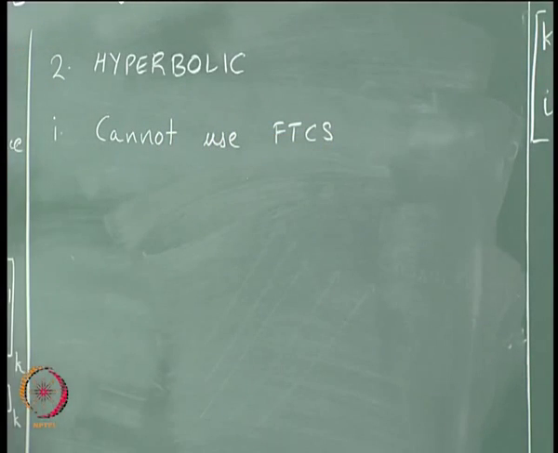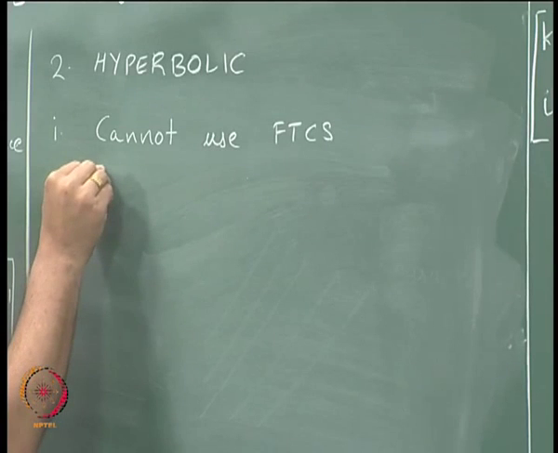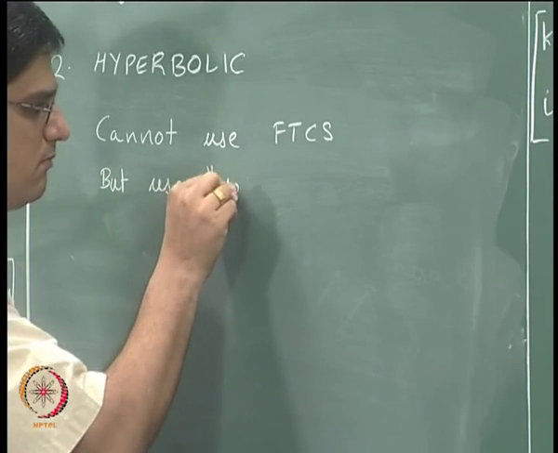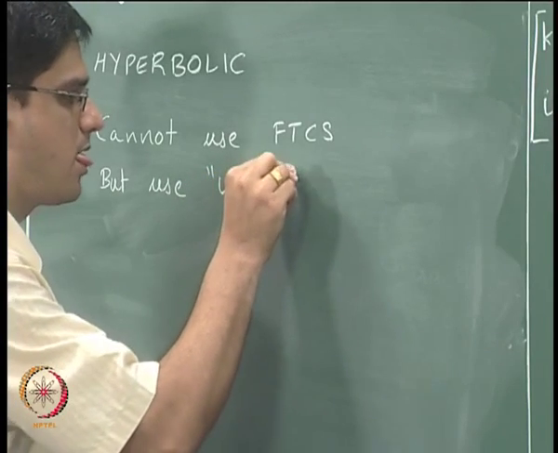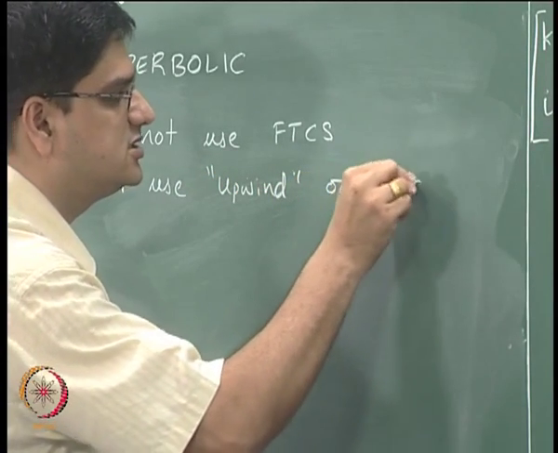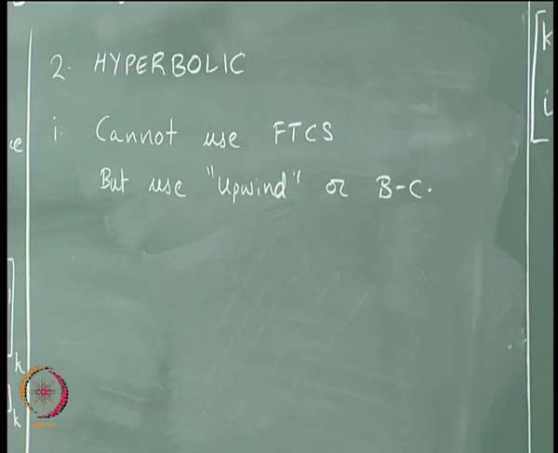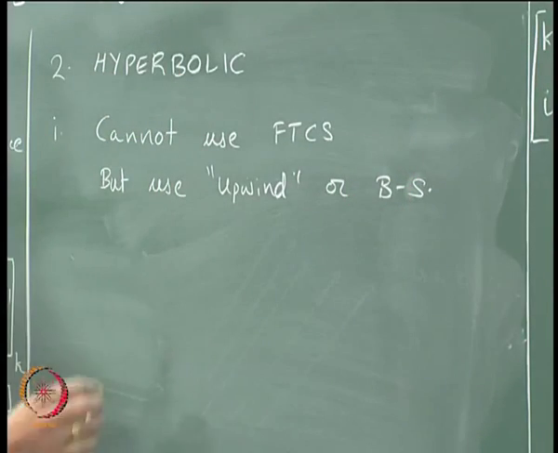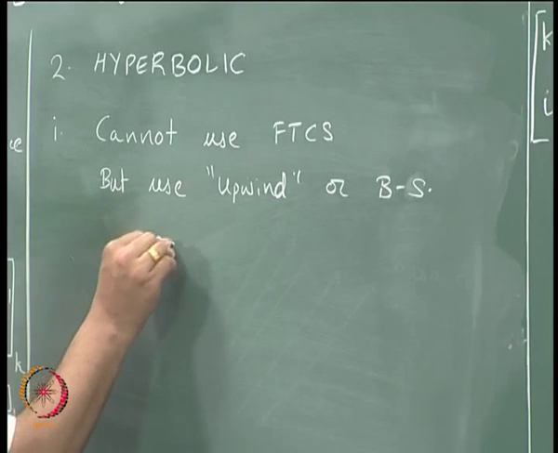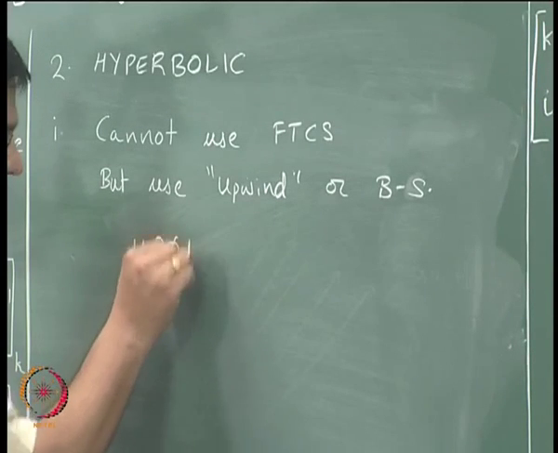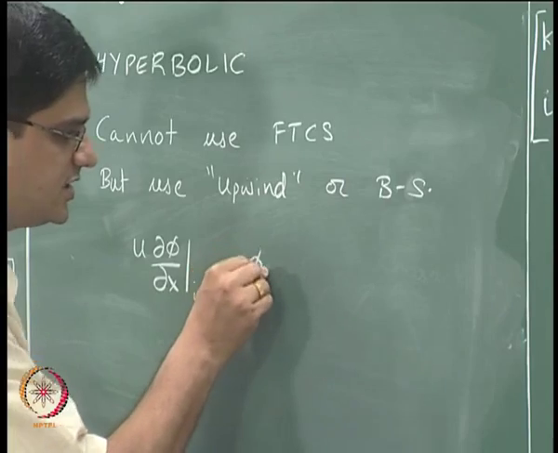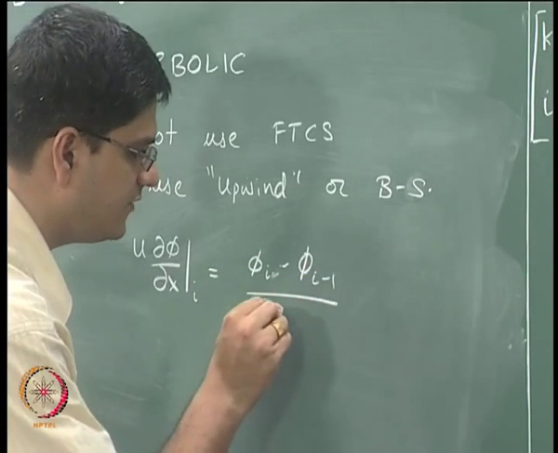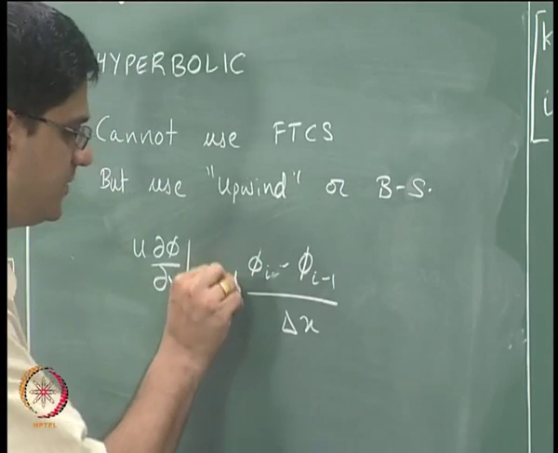Instead we use an upwind method, or backward in space method for positive velocities, and in that particular case u dou phi by dou x at location I is written as phi I minus phi I minus 1 divided by delta x multiplied by u.